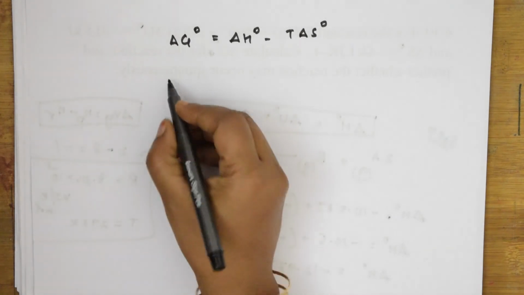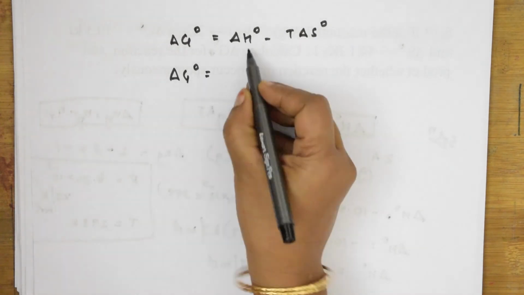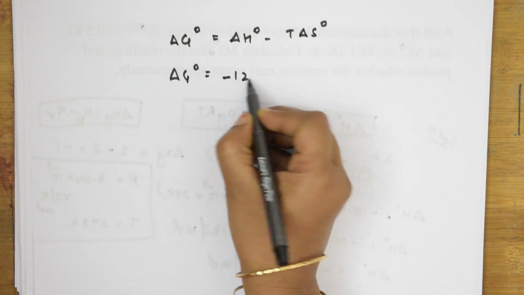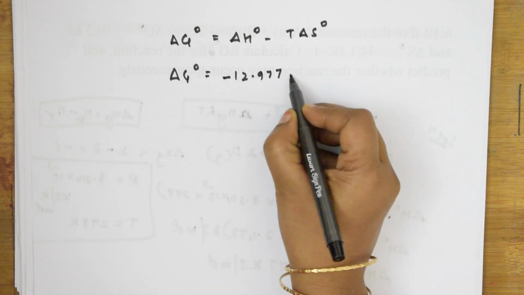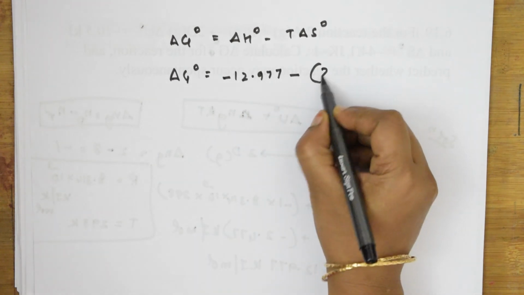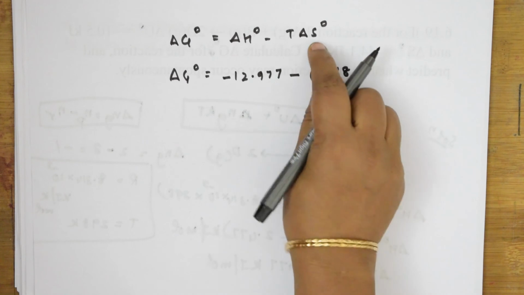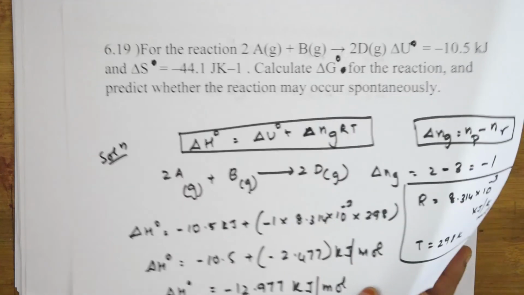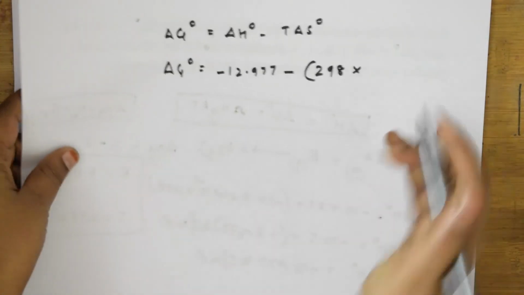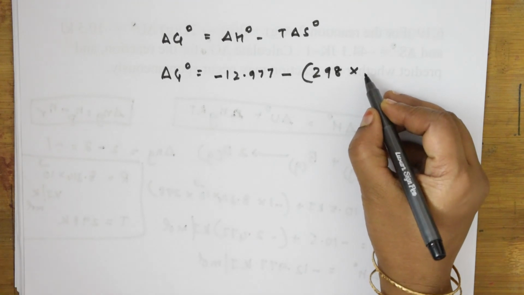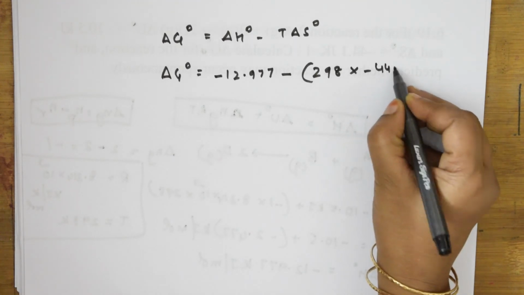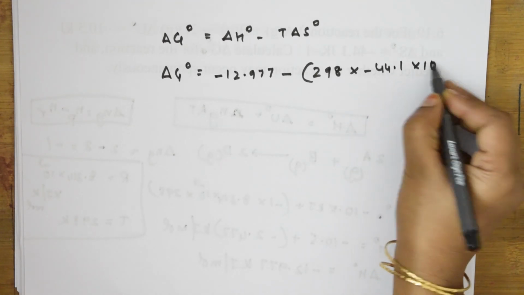So delta G naught is equal to minus 12.977 minus 298 Kelvin into S naught, which is minus 44.1 into 10 raised to the power minus 3.